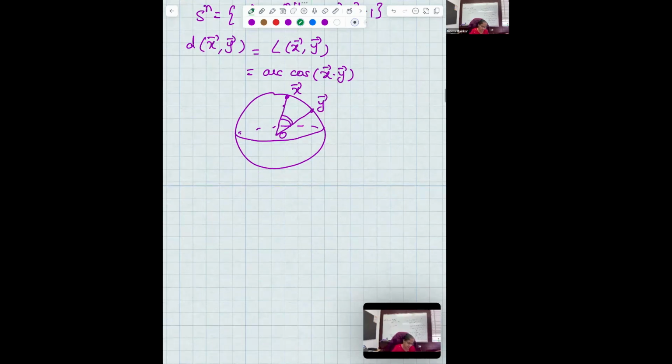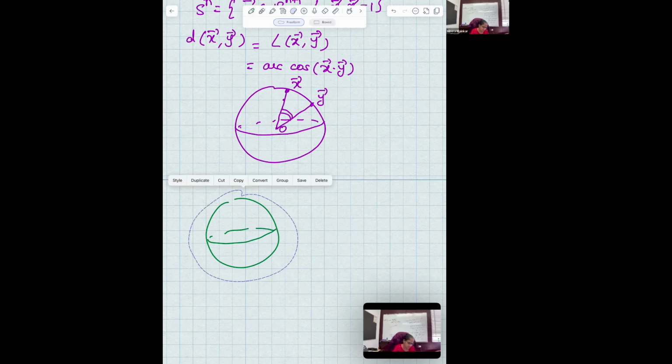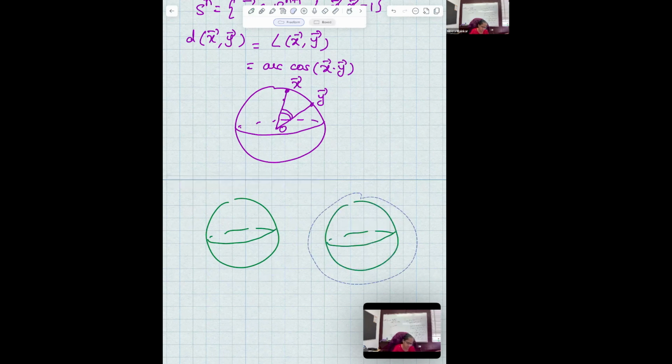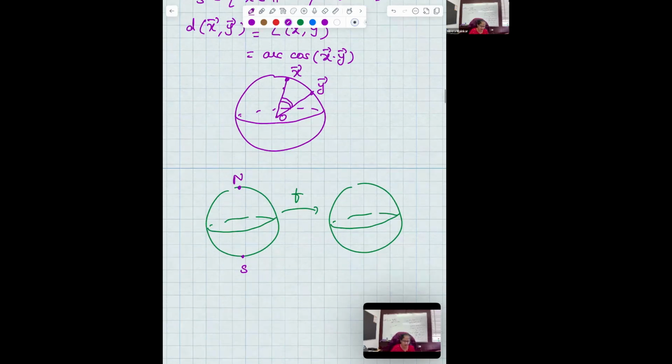So suppose you take a function f, and here is your north pole, the south pole, and I'm going to just map all the points.